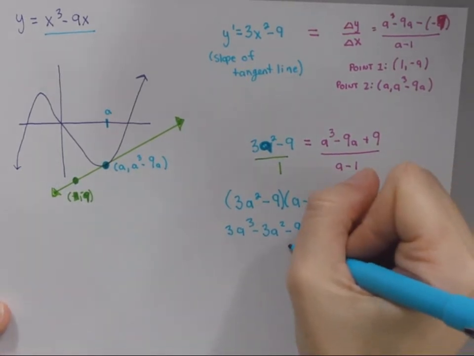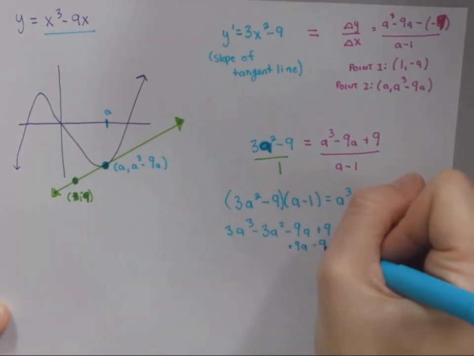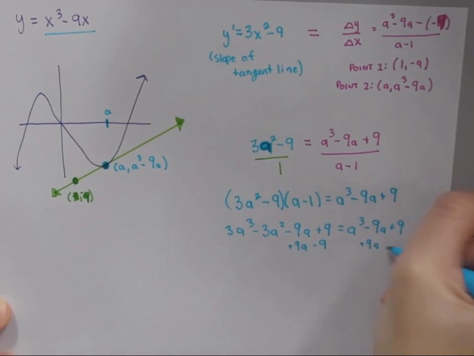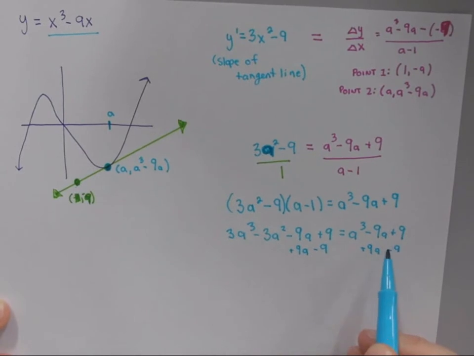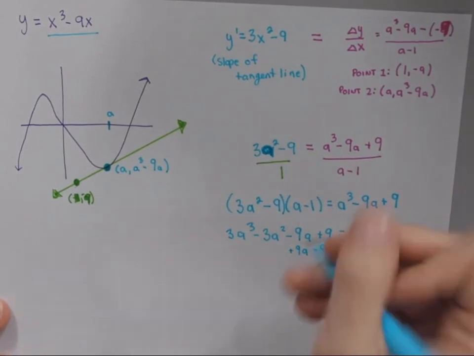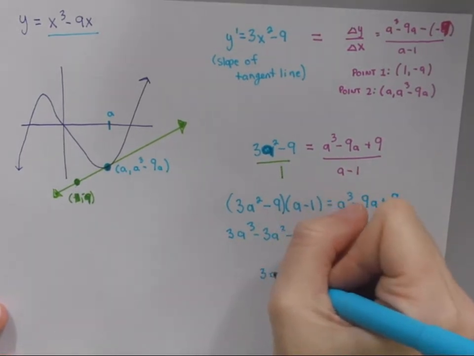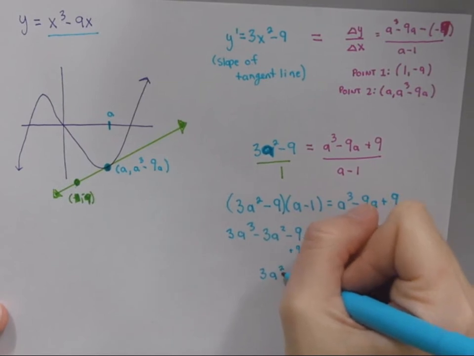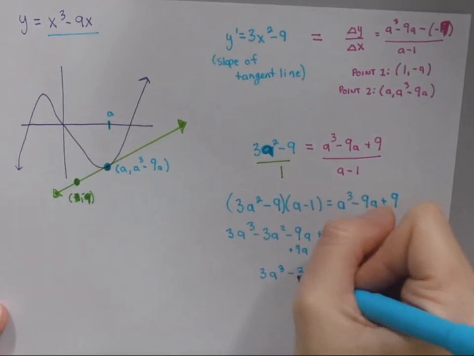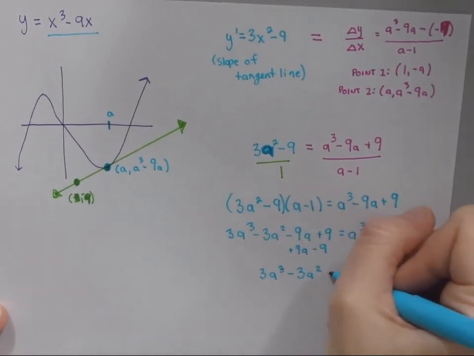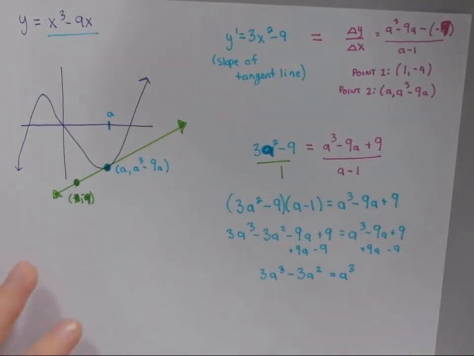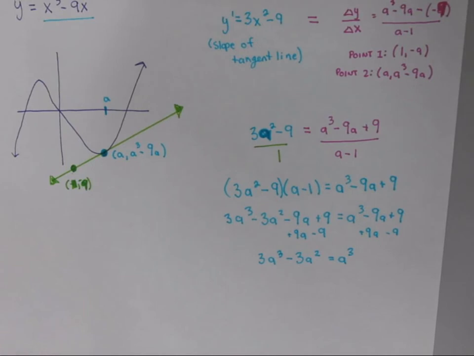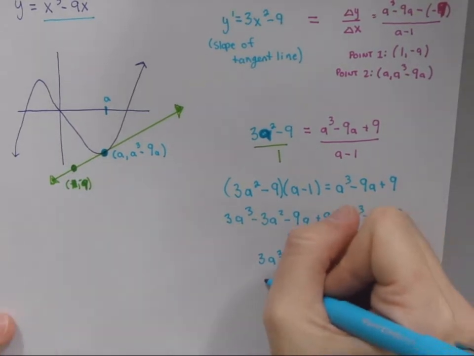And if I add 9a and subtract 9, add 9a and subtract 9, the a's and the 9's are going to cancel. So to clean this up, I'm left with 3a to the third, excuse me, minus 3a squared equal to a to the third. And since we have a to the thirds and a squareds, we're going to have to solve this by factoring. So I'm going to subtract over.